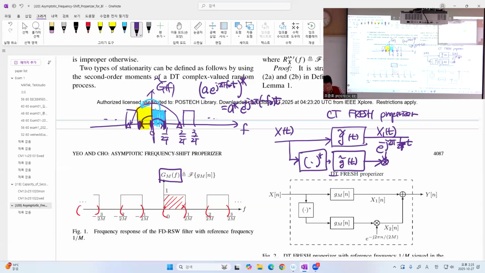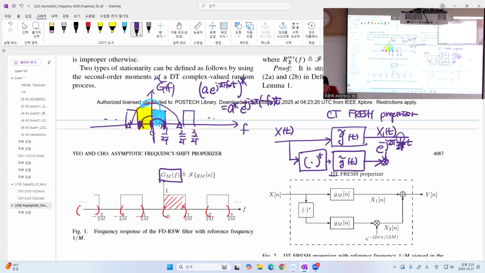And of course, you may do some change there. Instead of 1, you may choose 3, 5, 7 if you want. But this choice makes it so that if this is the center frequency, then you do this and shift something like that.